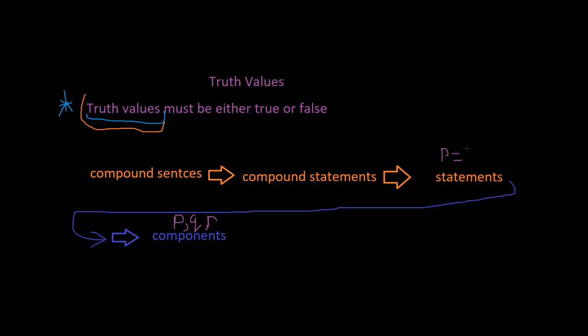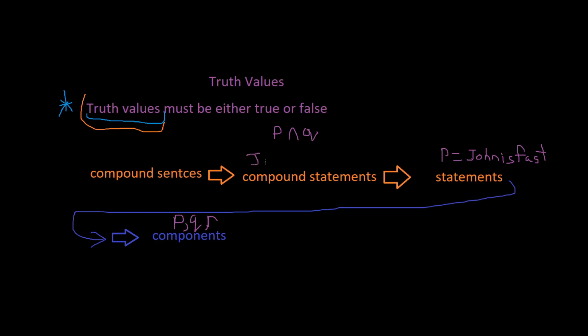Statements and stuff, like John can run, John is fast, something like that. And so we can make compound statements, right? We could say P and Q, what we've been learning, P and Q, P or Q, and so forth.